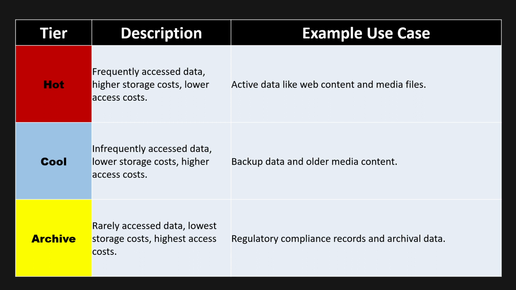An example is regulatory compliance: a healthcare organization that stores patient records in the archive tier to comply with regulatory requirements. These records are accessed rarely but must be retained for several years.